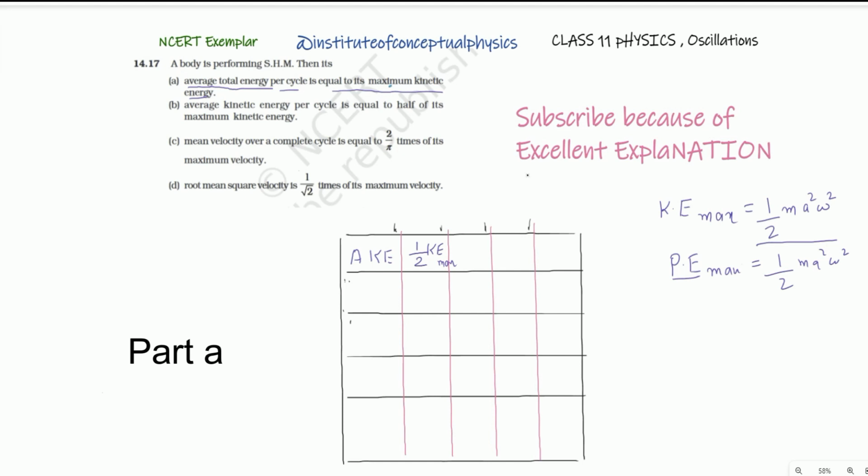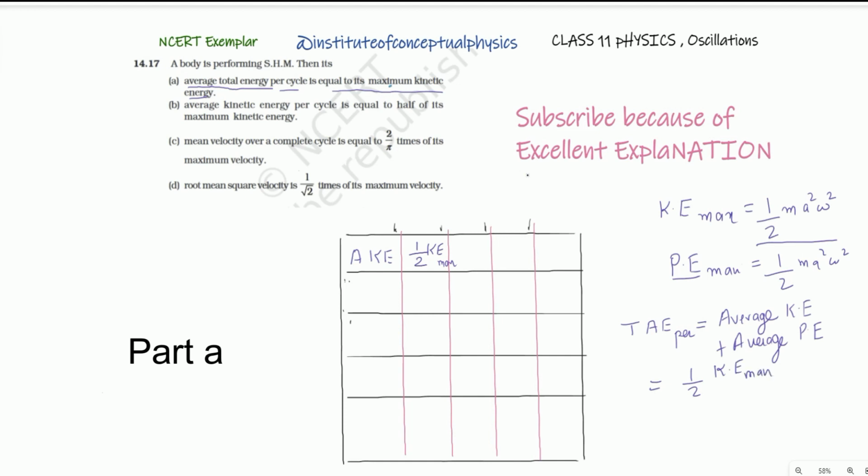So if you talk about the total average energy per cycle, it will be equal to the average of kinetic energy plus the average of the potential energy, right? So what is the average kinetic energy? It is half of KE max.